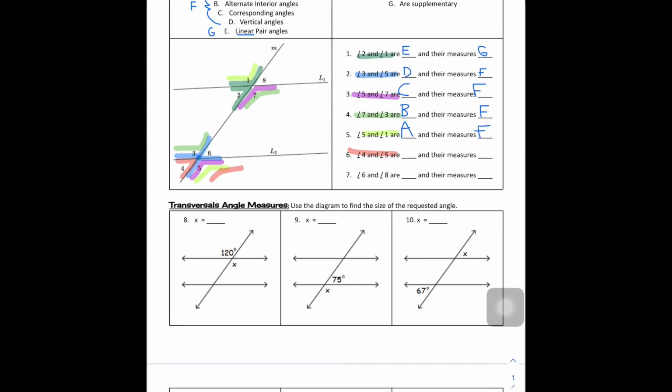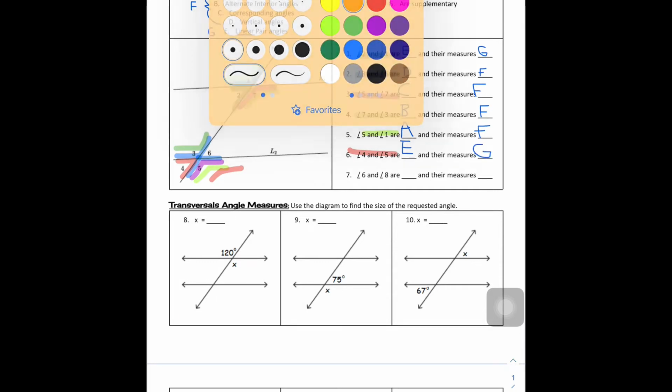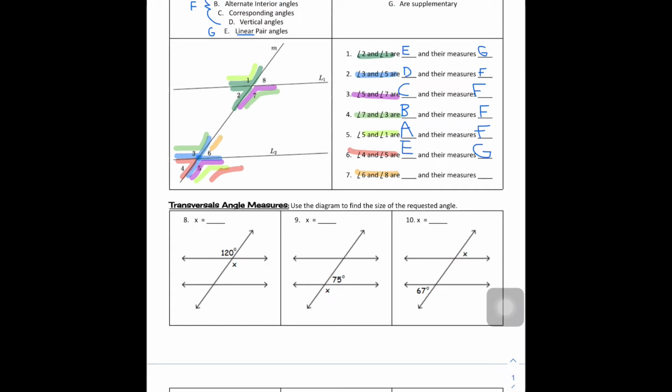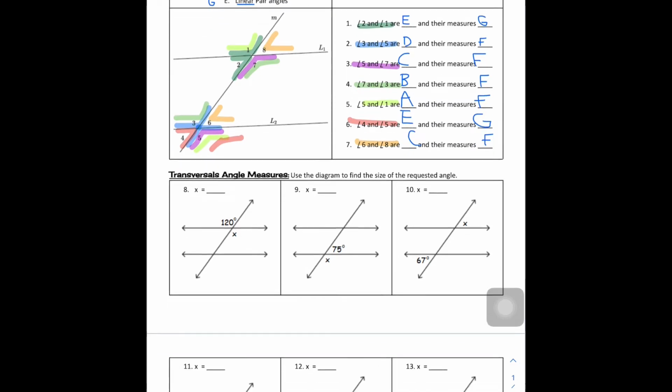They are right next to each other, making them a line, so they are E and G, supplementary. Last pair, 6 and 8, they are corresponding, so that would be C and F. Again, pause where needed, and then we'll continue.